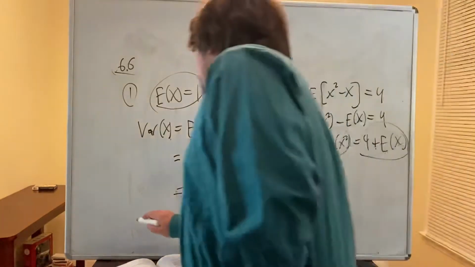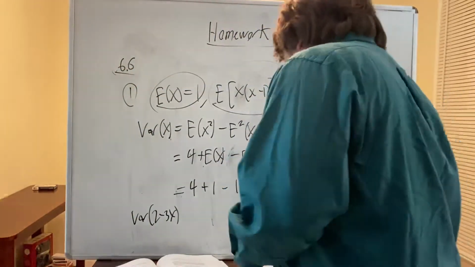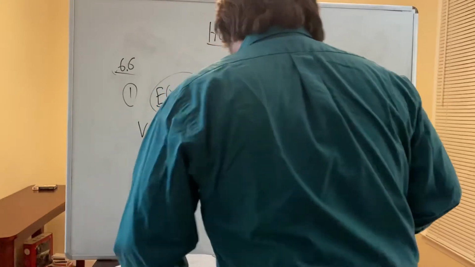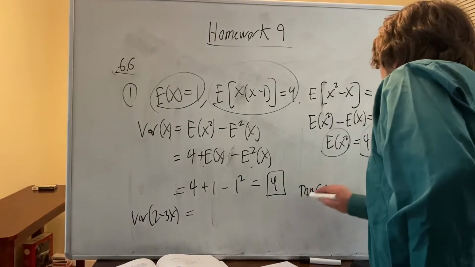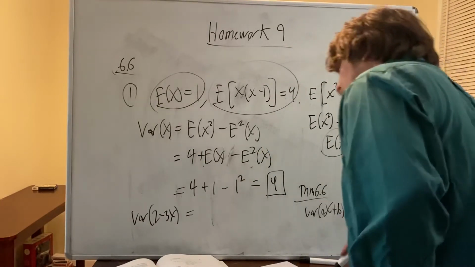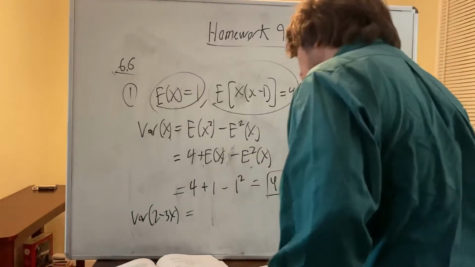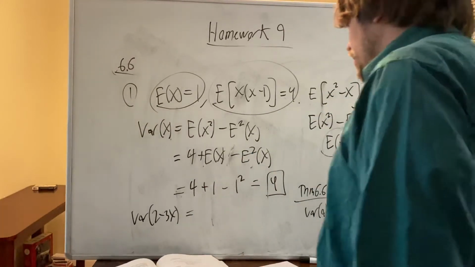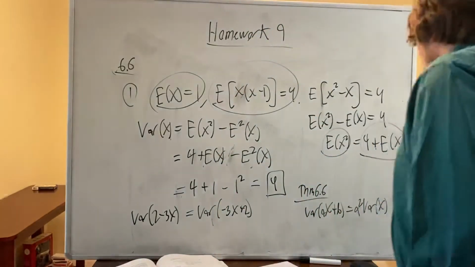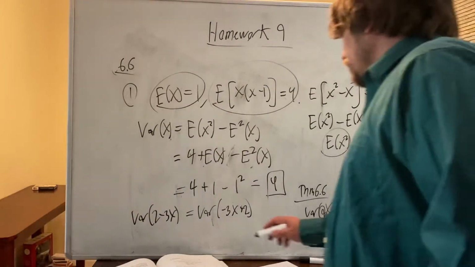Okay, and what is the variance of 2 minus 3X? First you look at theorem 6.6 in the book. Theorem 6.6 says that the variance of aX plus b is equal to a squared times the variance of X. So the variance of 2 minus 3X is the variance of negative 3X plus 2, and here a is negative 3.